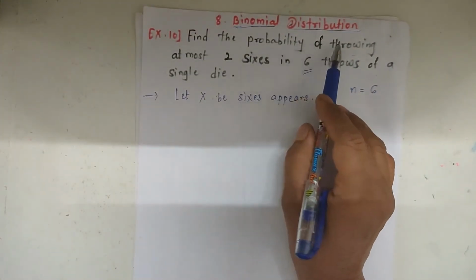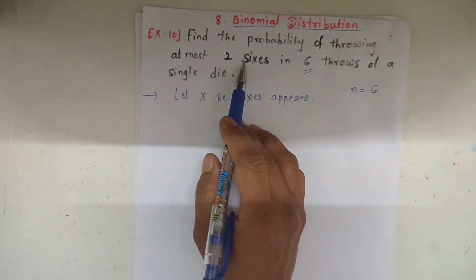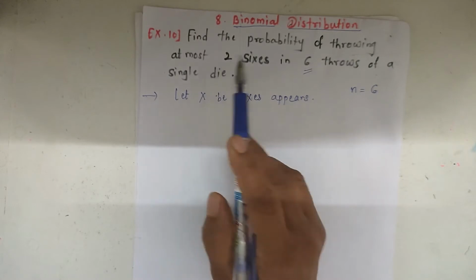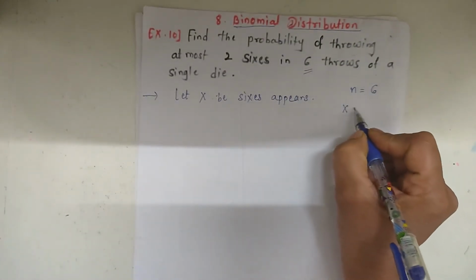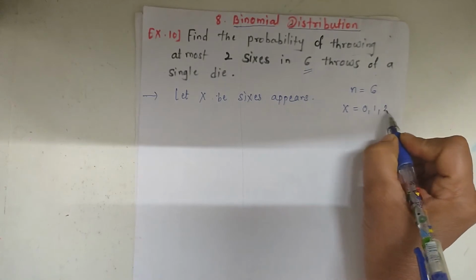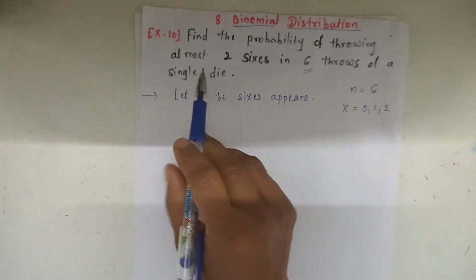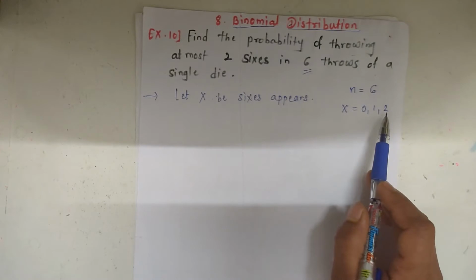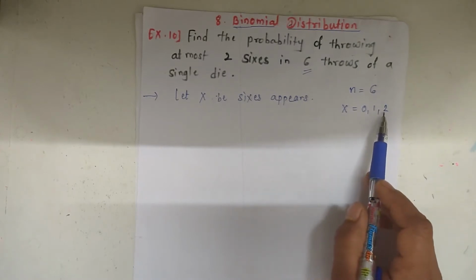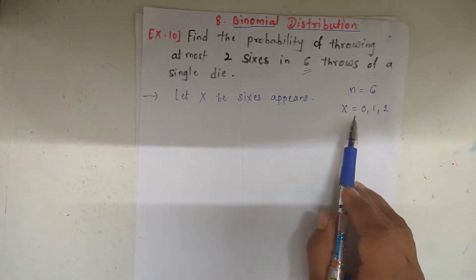We have to find the probability of throwing at most 2 sixes, so the maximum value of sixes is 2. So the possible values of x are 0, 1 and the maximum value 2, that is, x is less than or equal to 2: 2, 1 and 0.